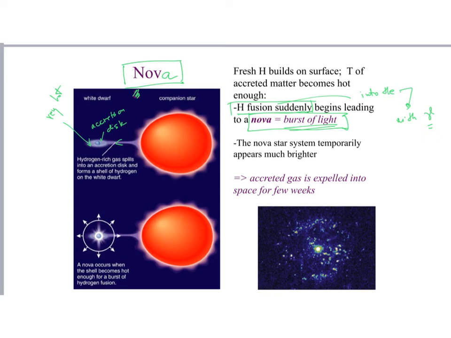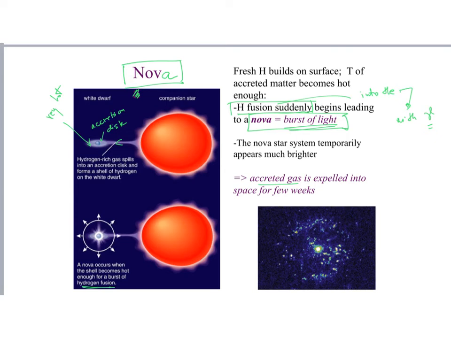People knew about the existence of them, but it was only later on, after we discovered the existence and explained the physical properties of white dwarfs and their existence in binary systems like this, that we understood what exactly that nova is. So it's basically accreted gas that lit up because of the hydrogen, a burst of hydrogen fusion.